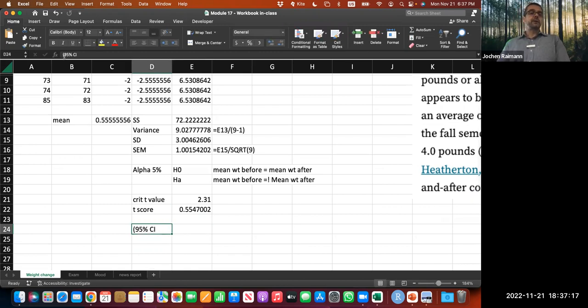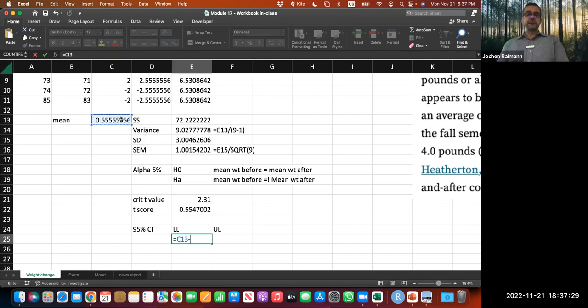We are doing that by calculating a lower limit and an upper limit. And this is calculated in exactly the same format as we have done before. So we're taking the mean, subtracting 2.31 as the critical t-value that indicates the 5% alpha level, multiplied by the standard error of the mean.